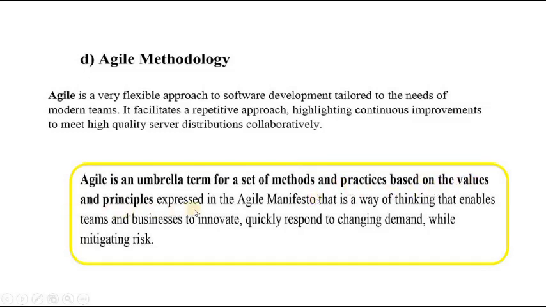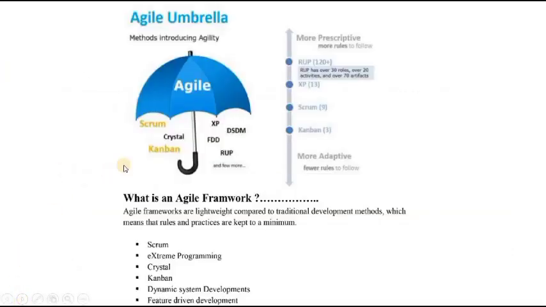Agile is an umbrella term for a set of methods and practices based on the values and principles expressed in the Agile manifesto. That is the way of thinking that enables teams and businesses to innovate and quickly respond to changing demand while mitigating risk. This method can give us a quick response to change as well as handle risk.